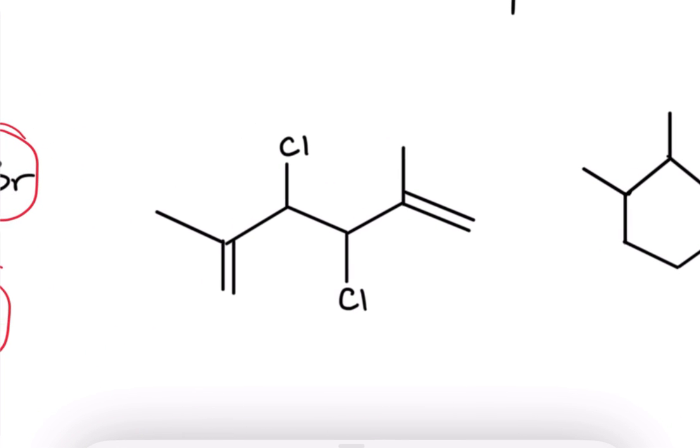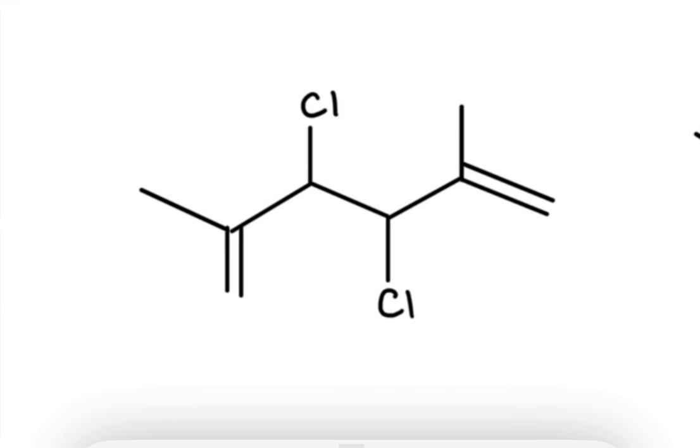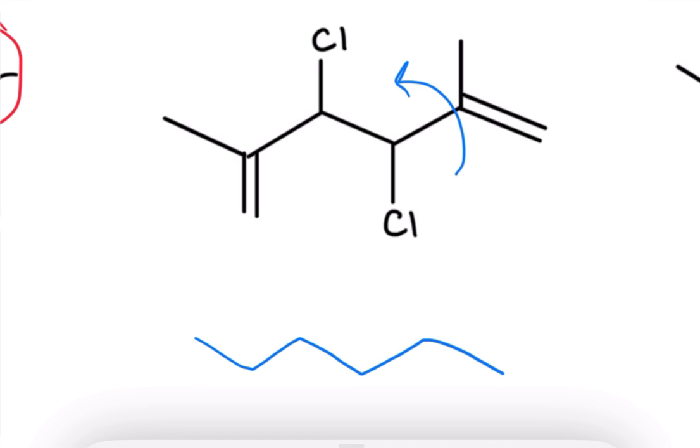Now we look at our second molecule. You may be inclined to immediately think that this molecule is not meso because there is no plane of symmetry. But if we rotate along the bond, we do get symmetry. Now, what would a molecule like that look like? Well, we would have the exact same molecule.